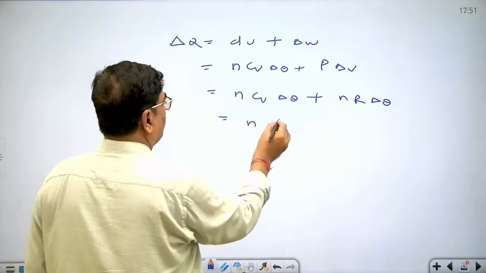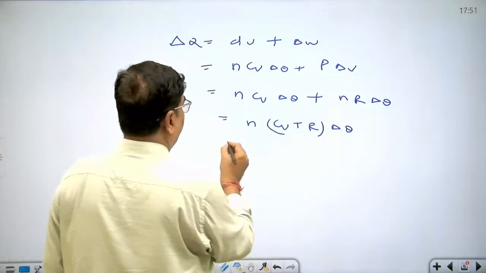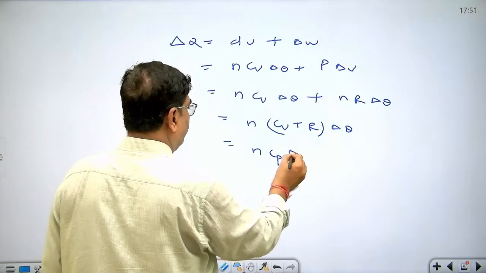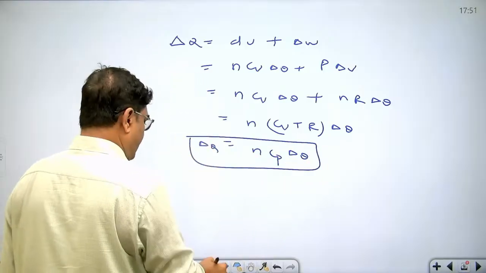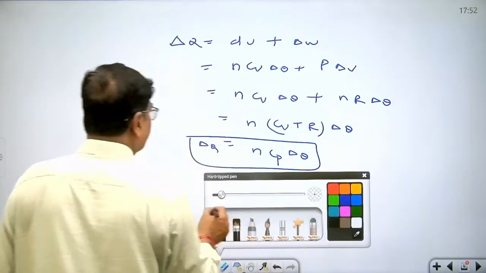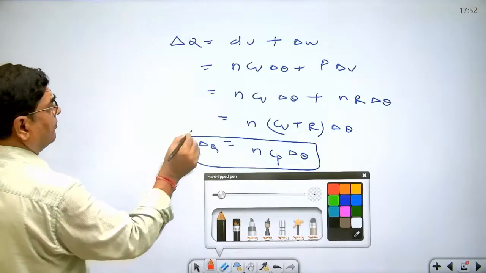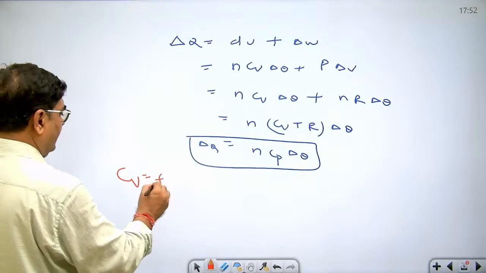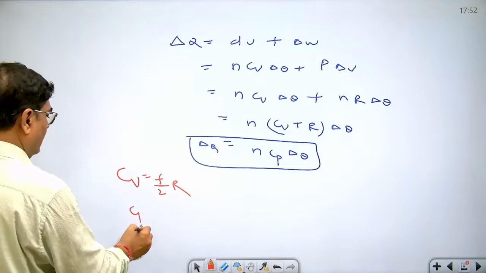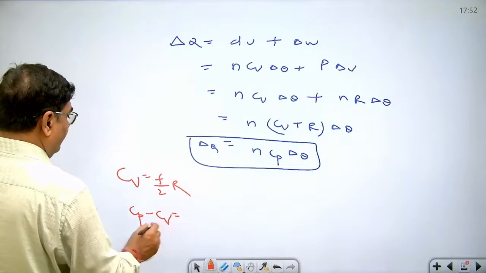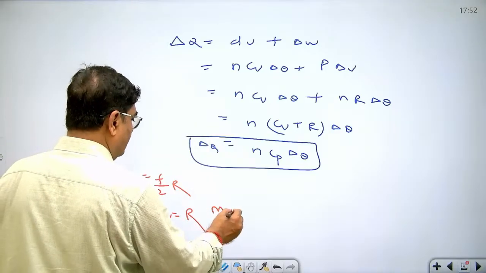If we take n common, CV molar specific heat plus R, times delta theta, and this is called n CP delta theta. Dear student, I am telling you about CP and CV. CP is molar specific heat at constant pressure and CV is molar specific heat at constant volume. CV is f by 2 R, where f is degree of freedom. This we will see later. And CP minus CV, the difference of molar specific heats, equals R. This is called the Mayer relation.